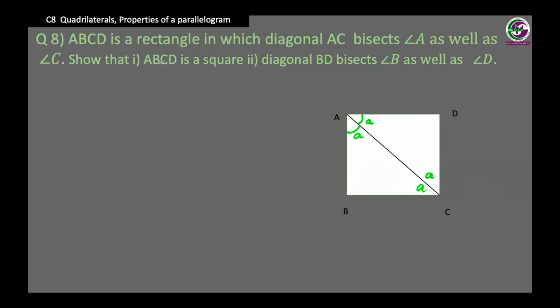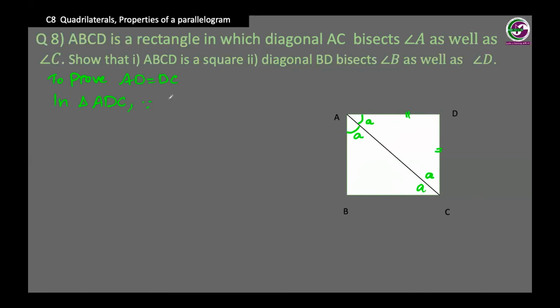First, we have to show that ABCD is a square. To show that a rectangle is a square, we just have to show that adjacent sides are equal. So to prove AD is equal to DC, any two adjacent sides. For that, in triangle ADC, see, the base angles are equal. So the opposite sides will be equal.